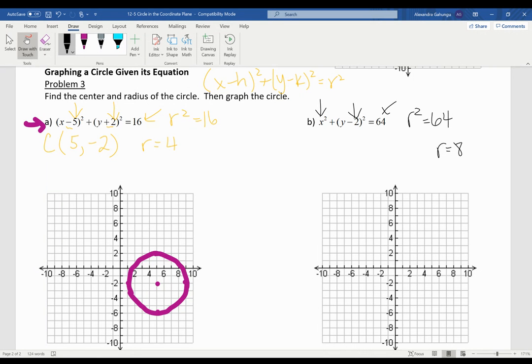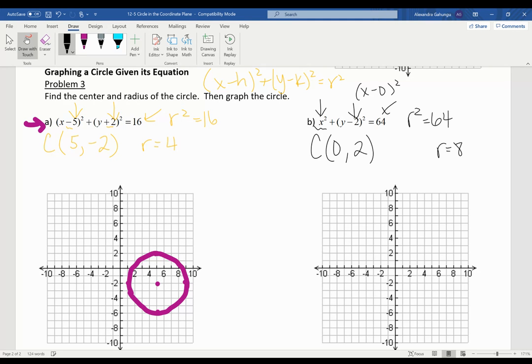Now, if we have no number next to the x, that's like having x minus 0 squared. So my center is going to be at 0, comma, and then I take the opposite of that sign there, so it's positive 2.